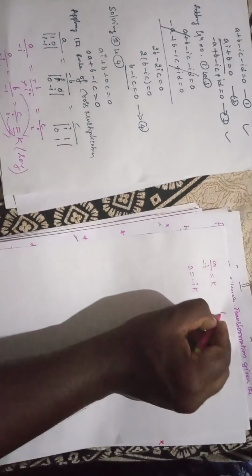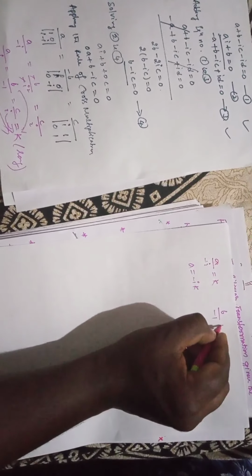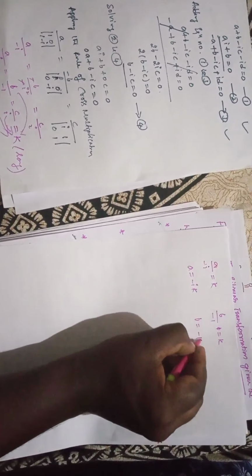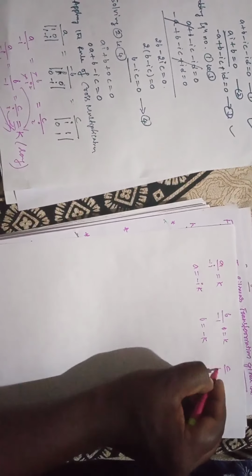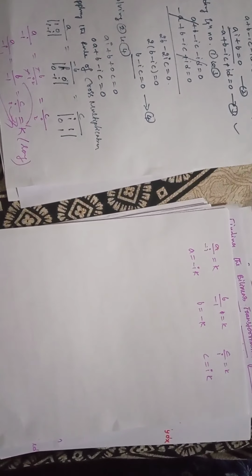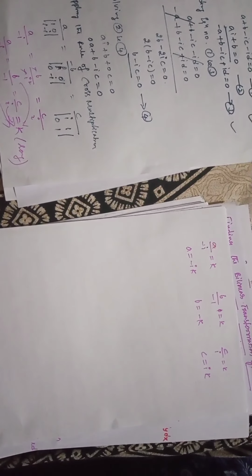Next, b by minus 1 equal to k, so b equal to minus k. Next, c by i equal to k, each ratio is equal to k, so c equal to i into k.